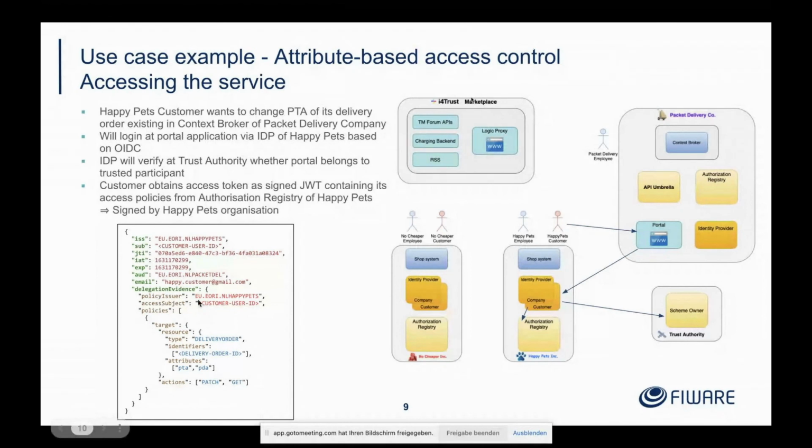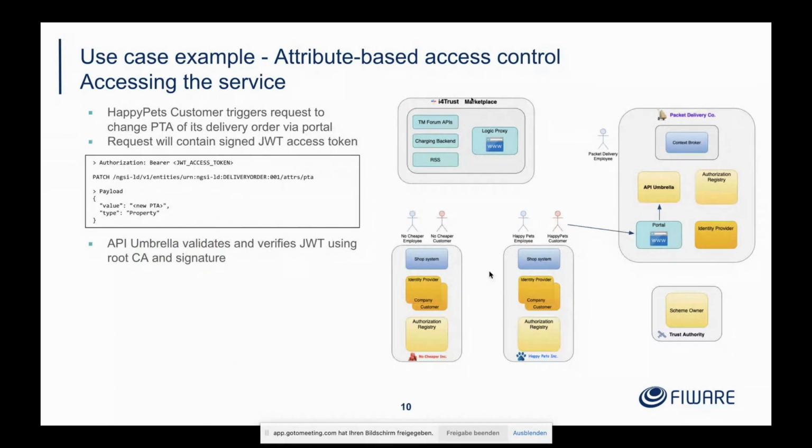As I've shown on the slide before, it's a policy issued by Happy Pets to this user for doing these patch requests on delivery orders and also on attributes like PTA and PDA, and also having these JSON Web Token attributes about the issuer and the subject. And of course, this whole JSON Web Token is signed by the Happy Pets organization. So the Happy Pets organization owns a private key issued just for them, so that they can sign these JSON Web Tokens and prove that a JSON Web Token comes from the Happy Pets organization.